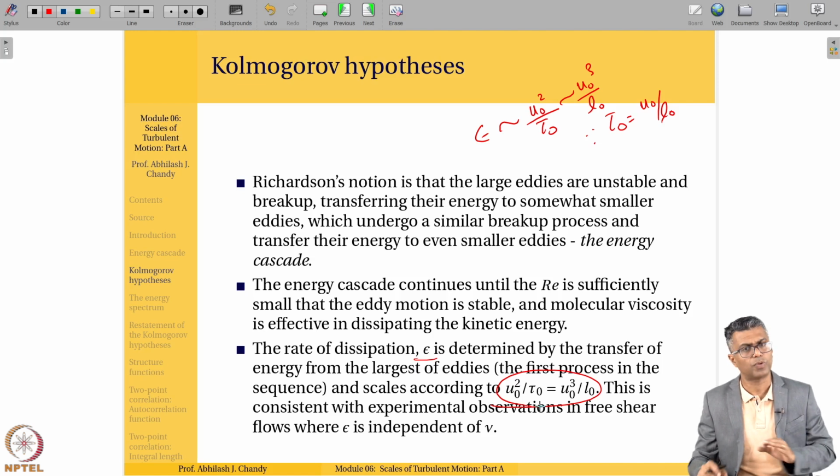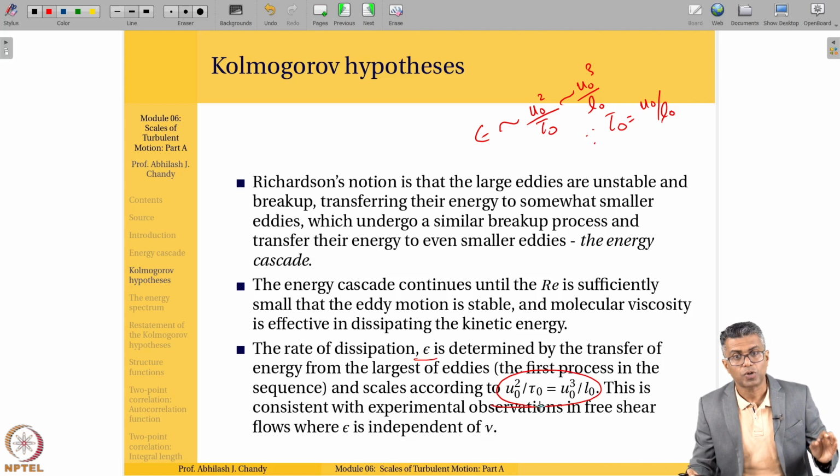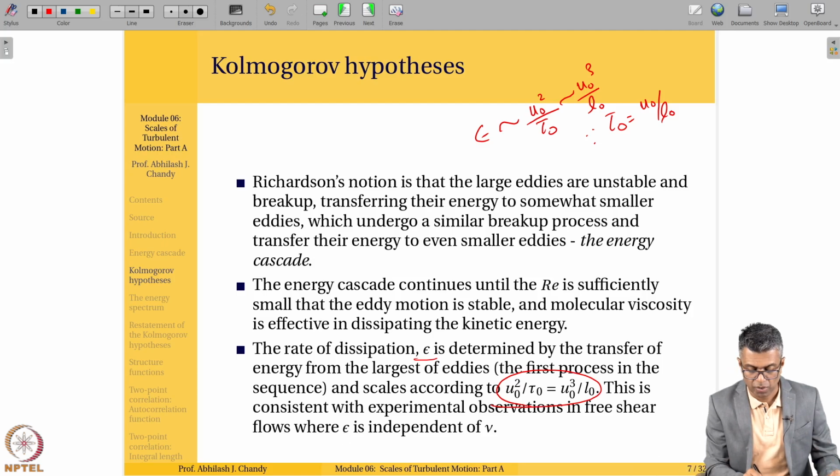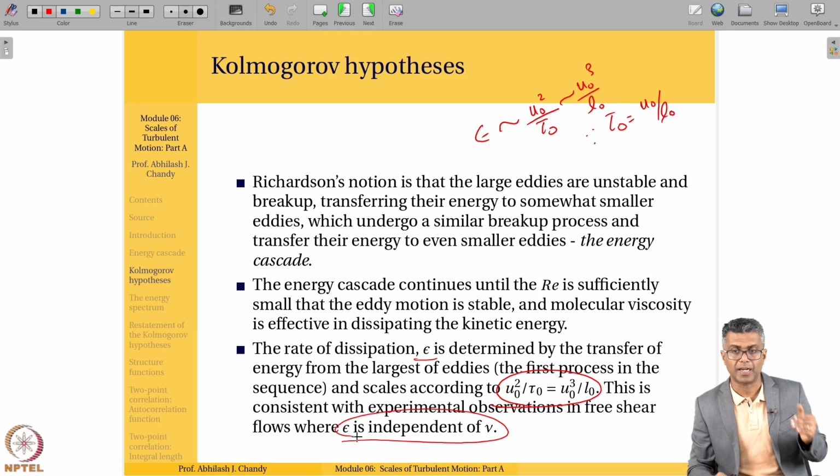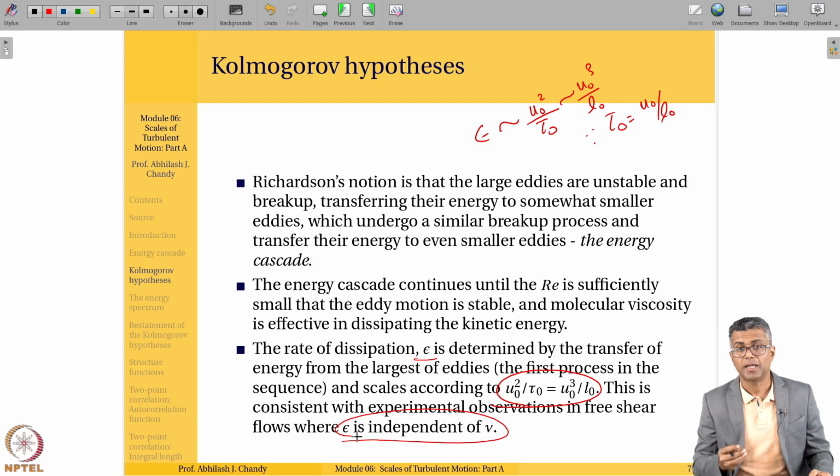This is consistent with experimental observations, indicating that epsilon is independent of mu. So as you can see, when I say that the kinetic energy dissipation rate is of the order of magnitude of u0 cube over L0, it clearly shows us that it is independent of viscosity.